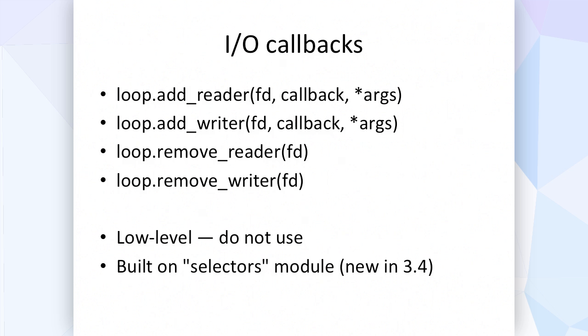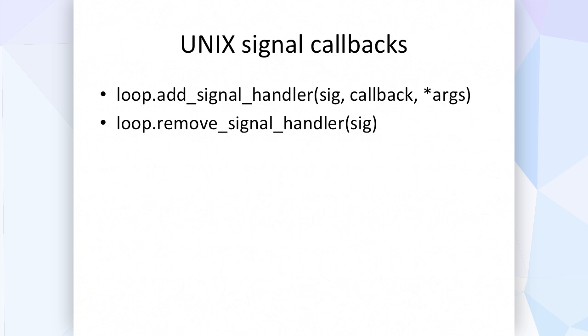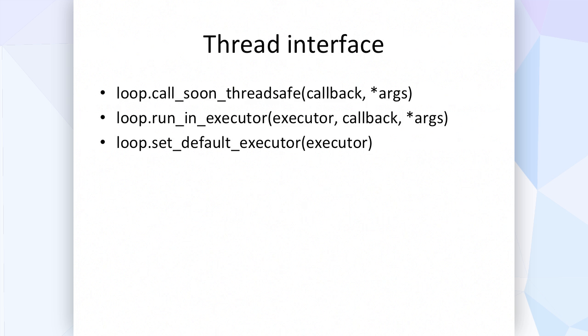Also, if this is all you need, if you don't care about event loops and protocols and all the other nice stuff, you can just use the selectors module and write your own asynchronous framework. The nice thing about the selectors module is that it chooses intelligently between kqueue and epoll and any other fallback approaches. If you really need to handle Unix signals, you can do that with a similar API as the IO callbacks.